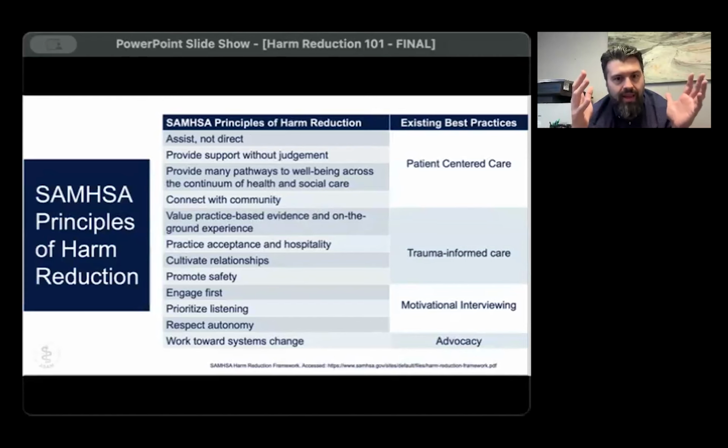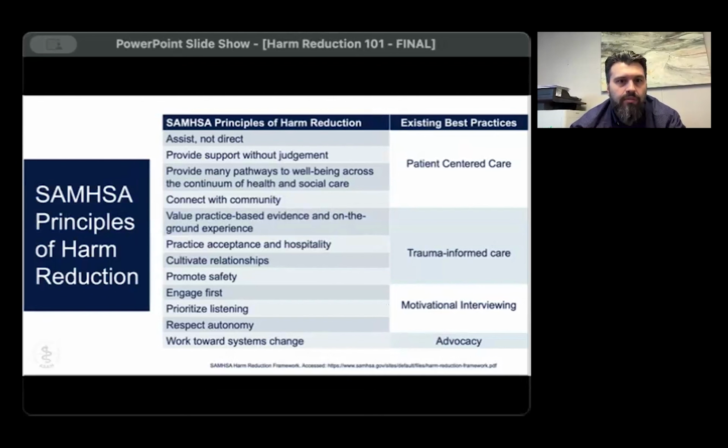We should be practicing that. And what about practicing acceptance, right? Dr. Plum has talked about this before, but in trauma-informed care, that's a key principle. So a lot of these things are parallel when it comes to SUD treatment, and harm reduction is in direct alignment with what we're doing already with substance use disorder. It's just another piece of the pie, if you will, when it comes to treatment.